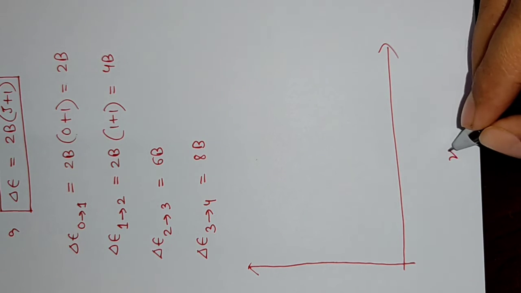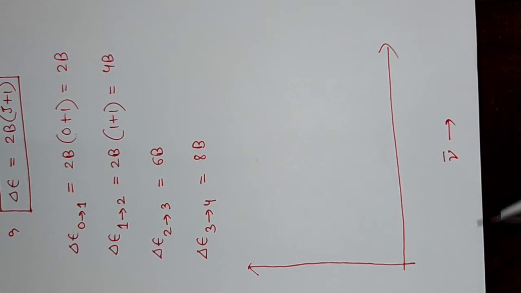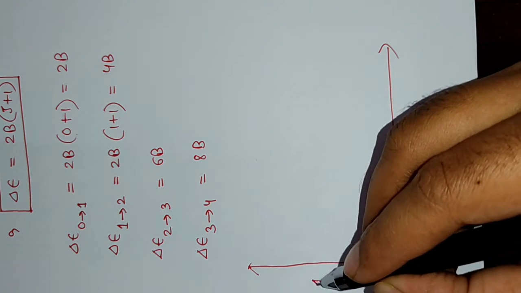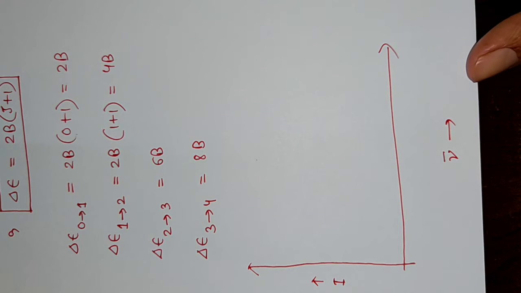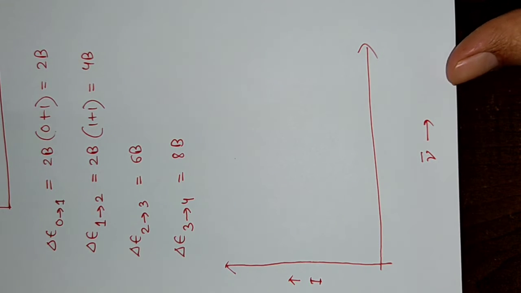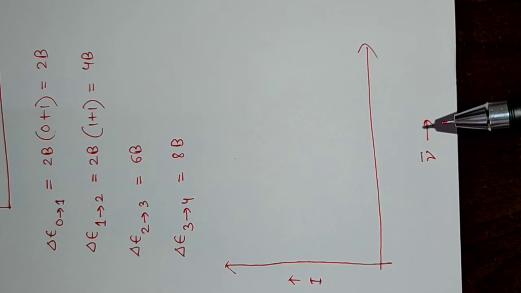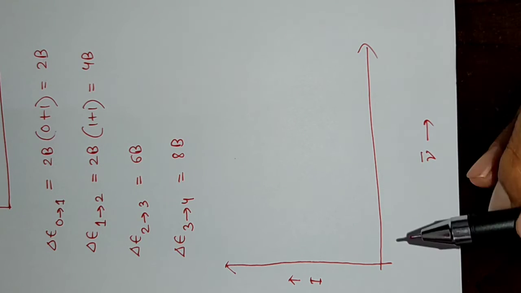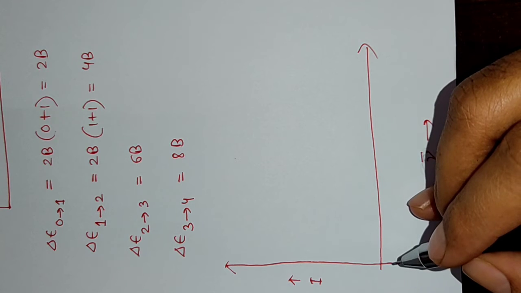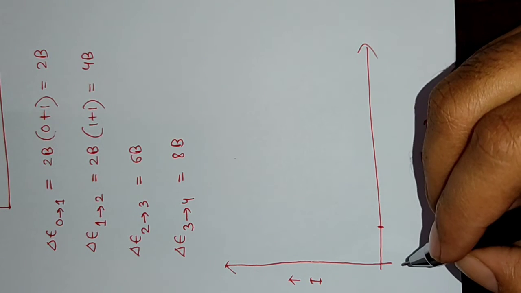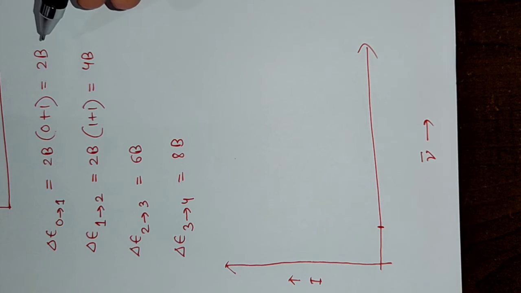Now here we will put a new bar, and here it is intensity. So what will be the position of the first line? We will scan the microwave region, and if we start from 0, then after reaching 2B from 0 we will get the first line, since this is the energy gap between 0 and 1.